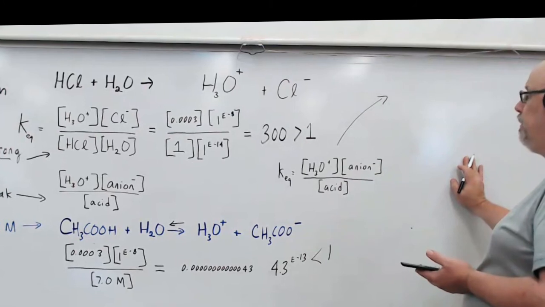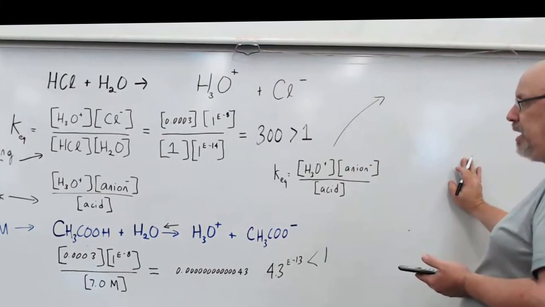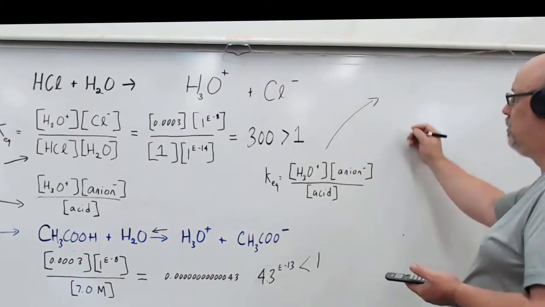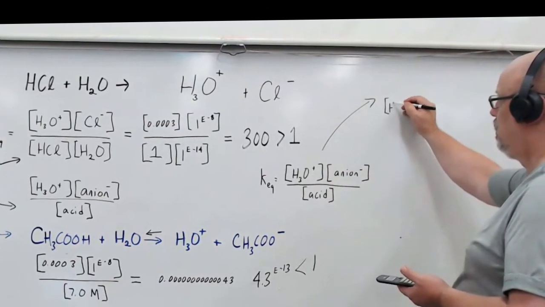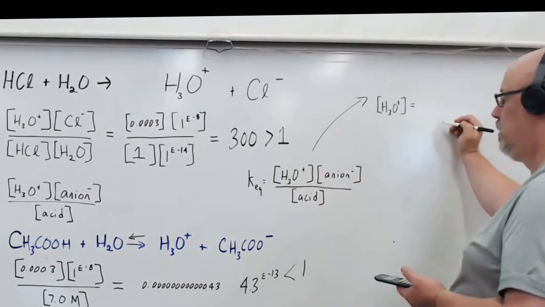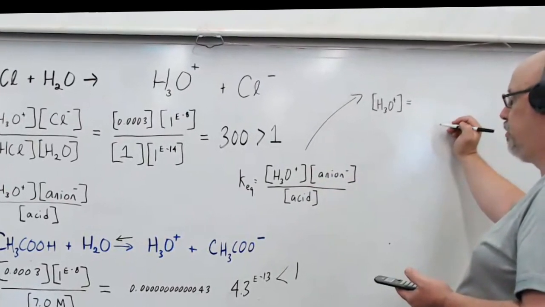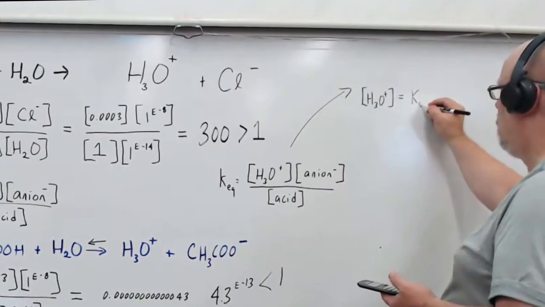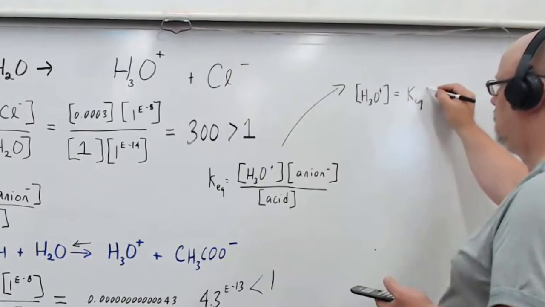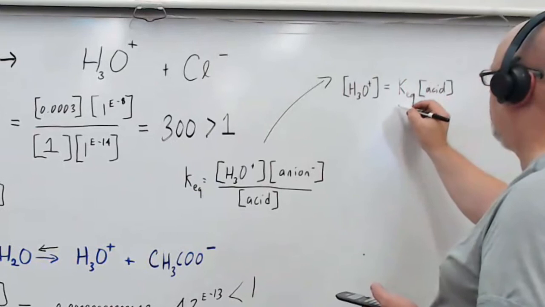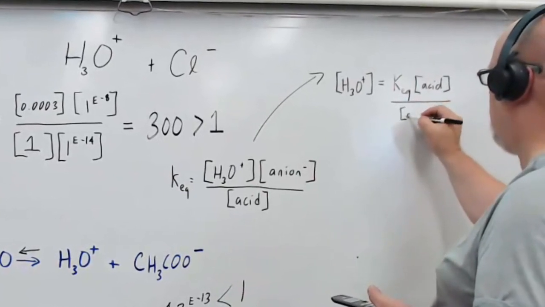For example, if we wanted to find the unknown concentration of hydronium, if hydronium was missing, then algebraically, if we were trying to solve for that, hydronium would equal our equilibrium constant times the concentration of the acid divided by the concentration of the anion.